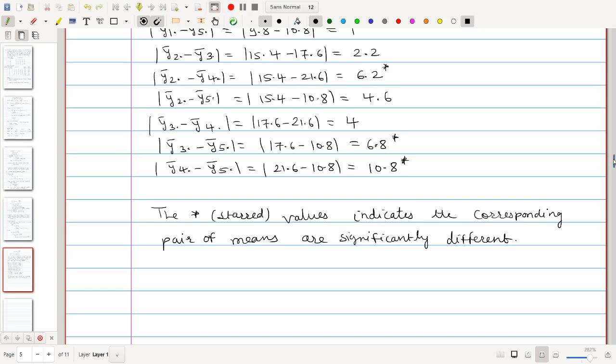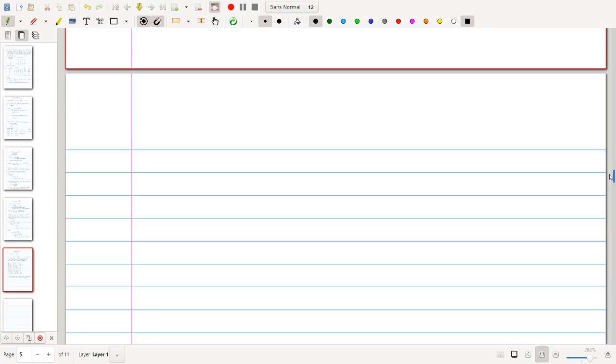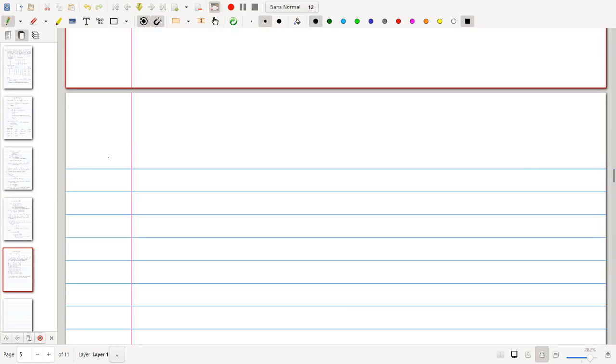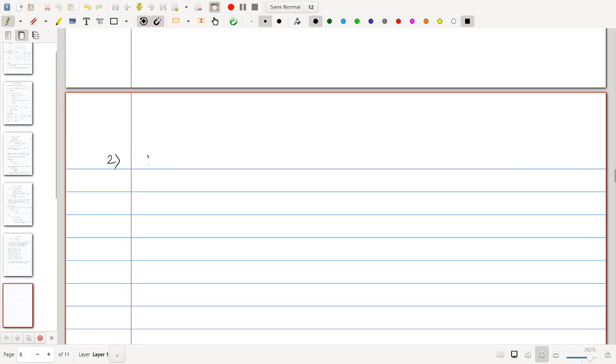Now we are going to see a second test, which is Fisher's least significant difference test, or method.